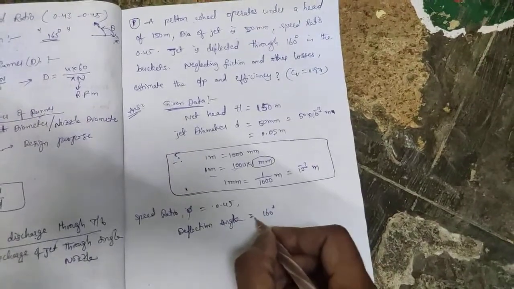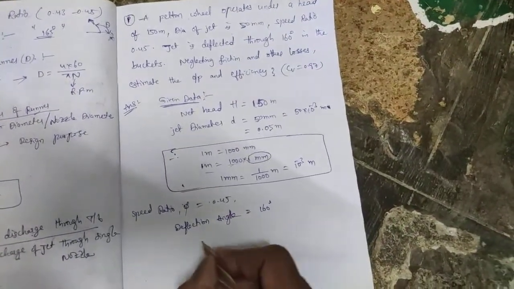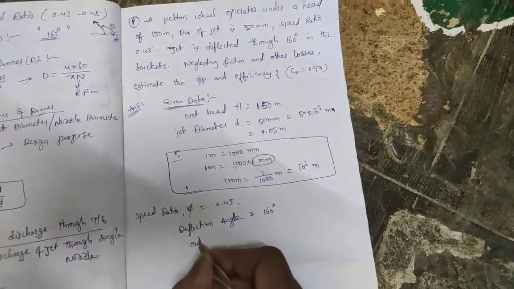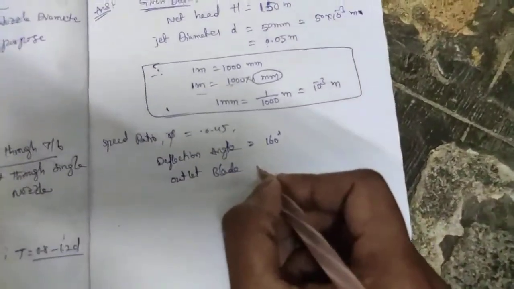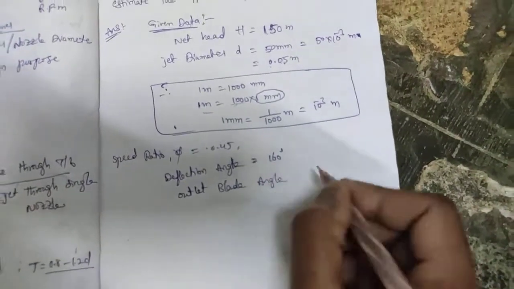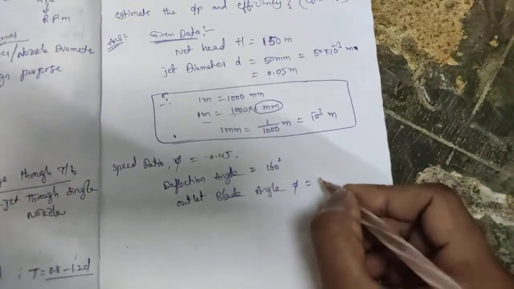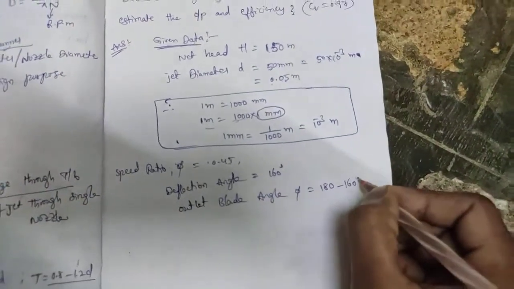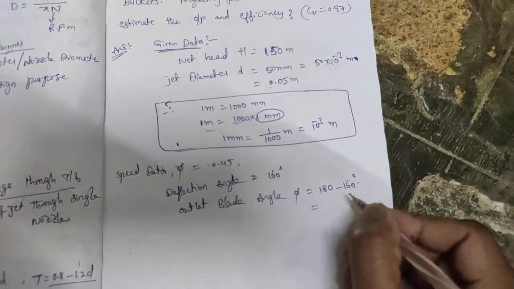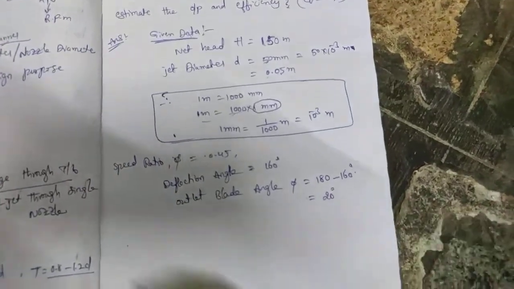Here we need to calculate the outlet blade angle, that is phi. The phi formula is 180 minus deflection angle, so 180 minus 160, 20 degrees.